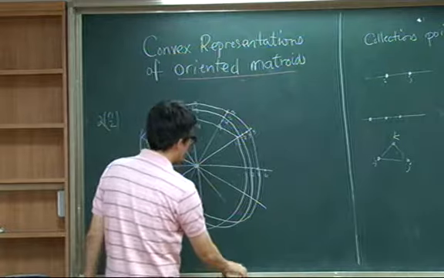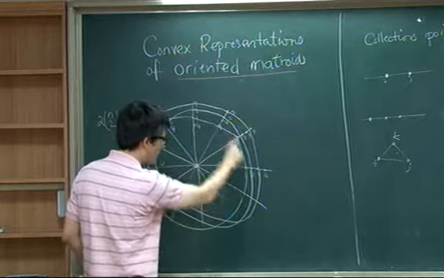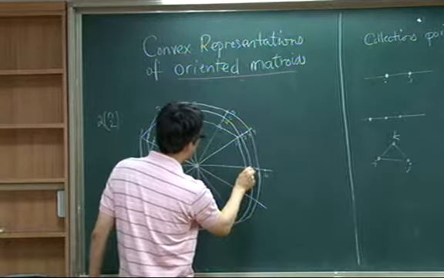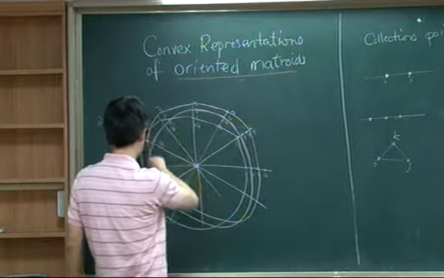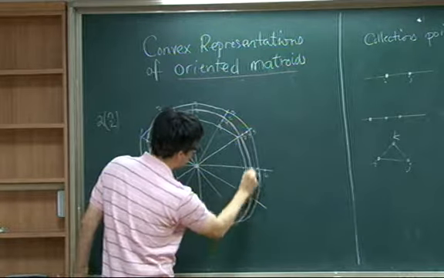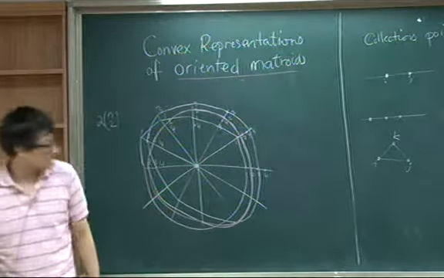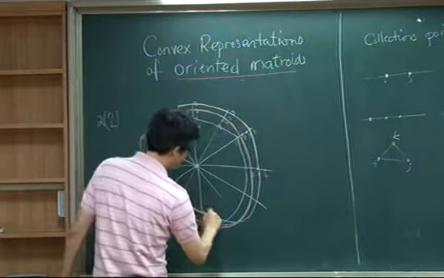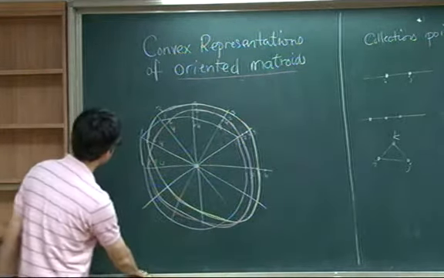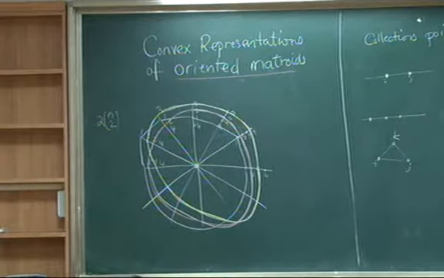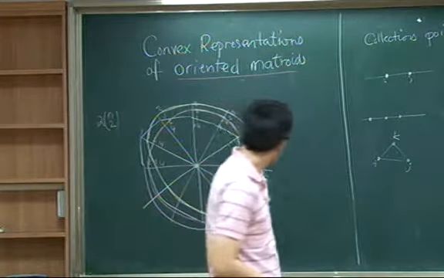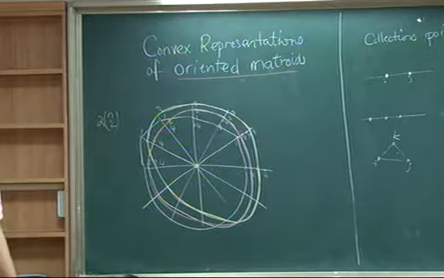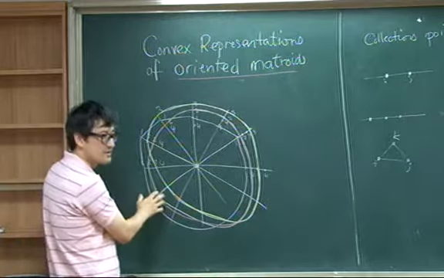So here was where I needed the colors. Let me keep this one named white. The white convex set, that's 1. The red convex set, that's number 2. And the yellow convex set is 3. I could draw the 4th one, or if I had more points, the 5th and 6th and so on, but this is enough to illustrate my point.